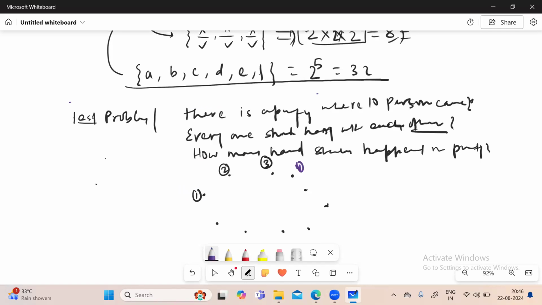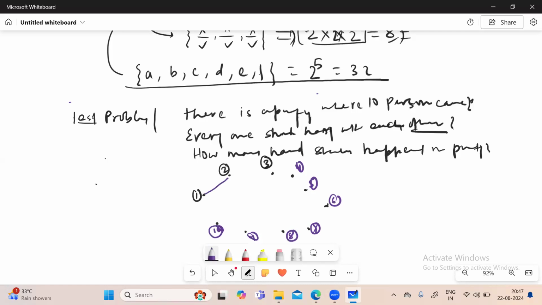So 4, 5, 6, 7, 8, 9, 10, so 10 persons were there. Let's say these are the 10 persons. So we'll start counting from one.